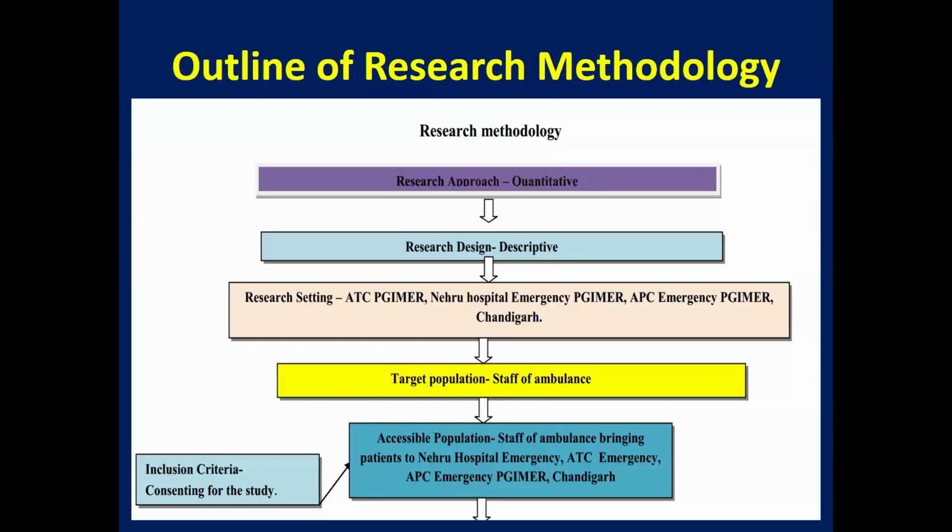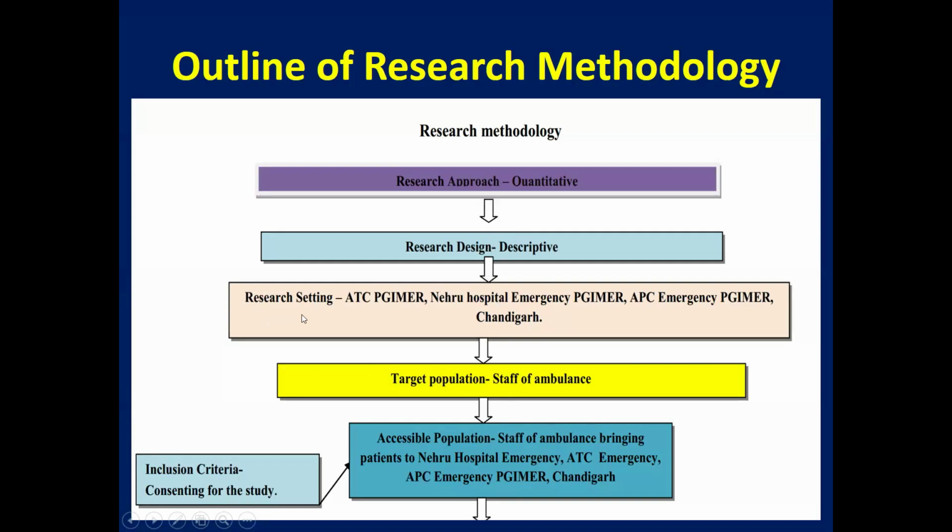So this is the outline of research methodology for this thesis or study. Number one, it is a plan or flow chart. So research approach is quantitative. Research design is a descriptive design, and number three is the research setting, and these boxes are connected with down arrows.